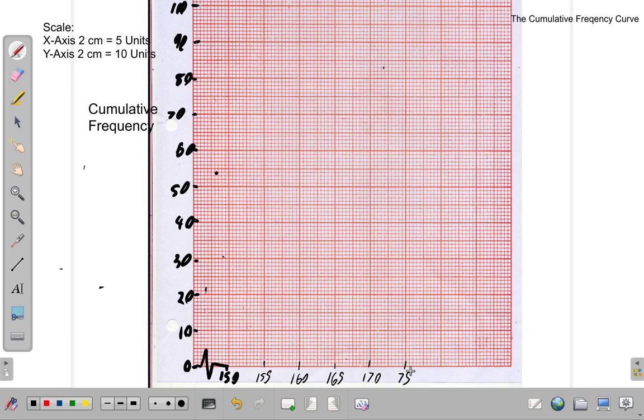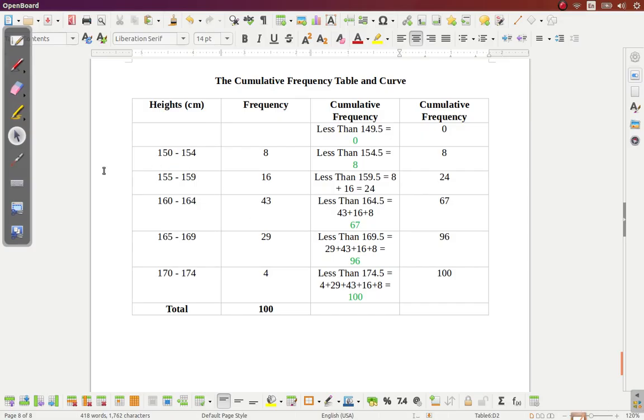Now, what we have on the table, let's look at it. You have 0 up to, remember, we started at 155, but you could have measured 149.5 and rounded it up to 155.